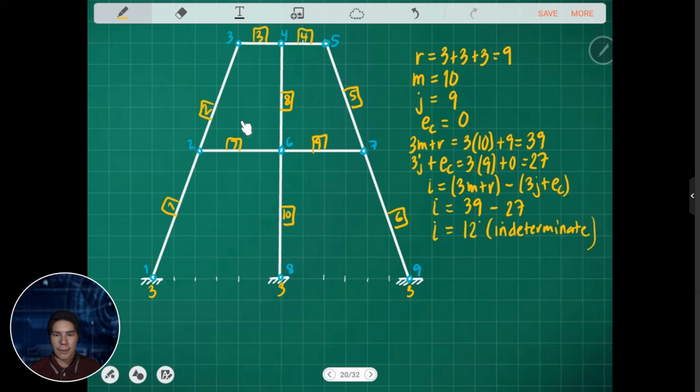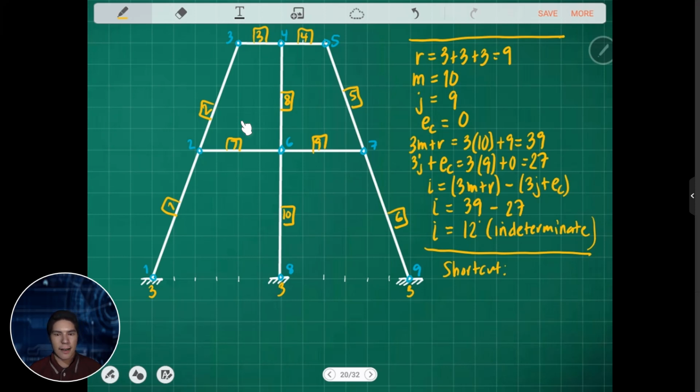Okay, so for building frames whose supports are all fixed, we can use this shortcut formula. This is only applicable for building frames where all the supports are fixed.